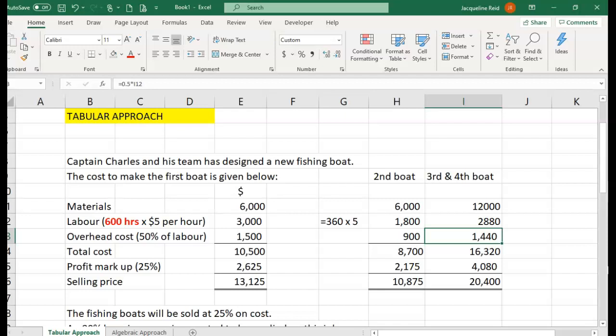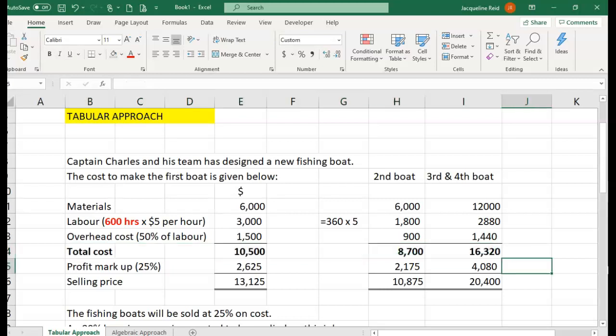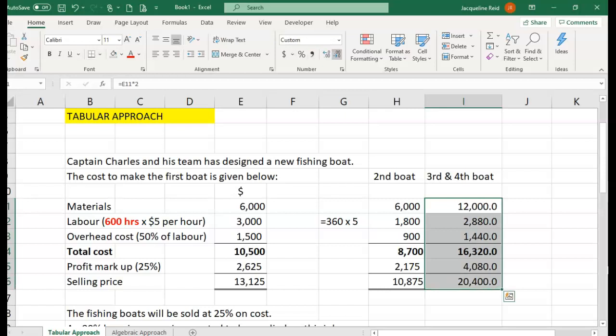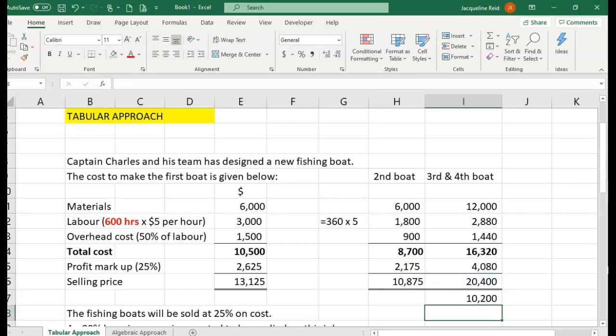Then we add up everything to get our total cost. And then we apply our markup. And so we end up with our selling price for the 2 boats. So it means then that if we divide the 20,400 by 2, then we'll get the price per boat.